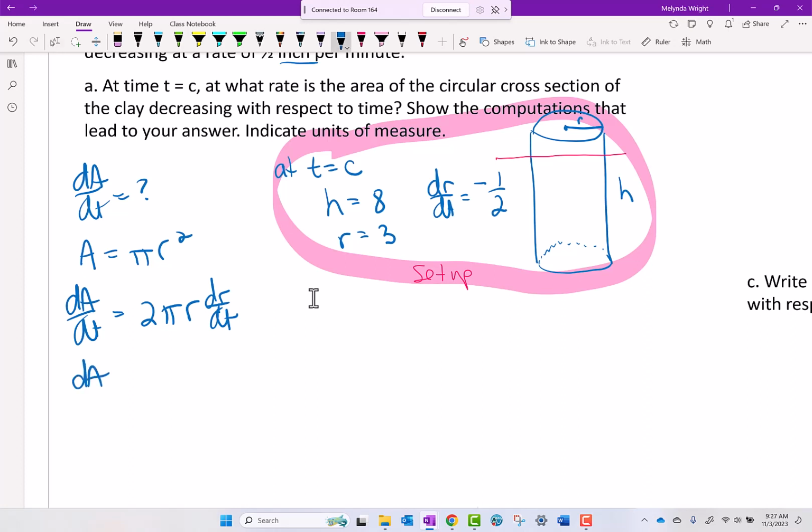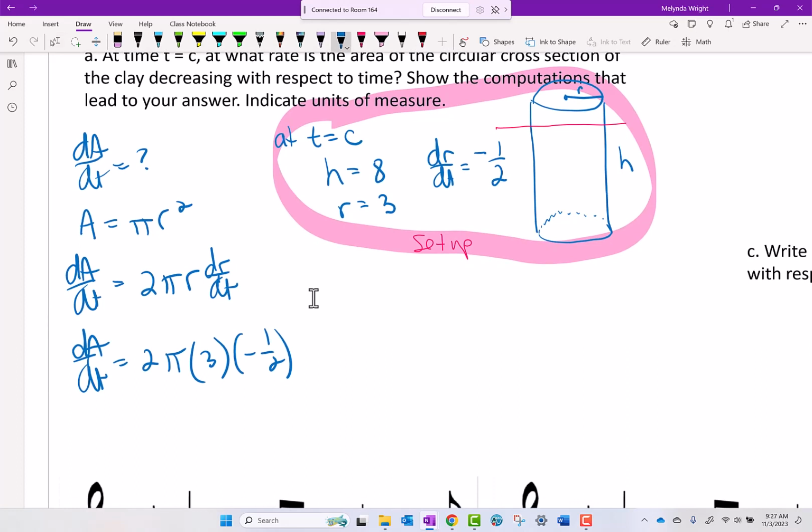So dA/dt equals 2 pi times, they gave us a radius of 3, and dr/dt they told us was -1/2. All right, great. So dA/dt would be equal to, multiplying all that together, we get -3 pi.